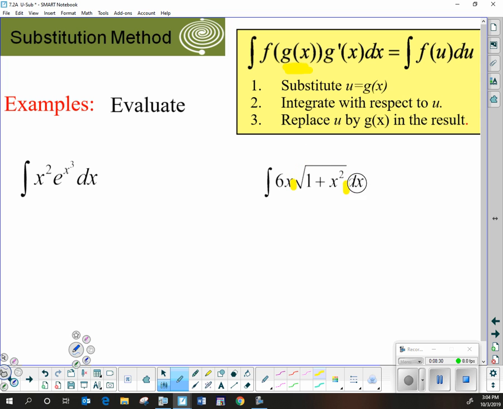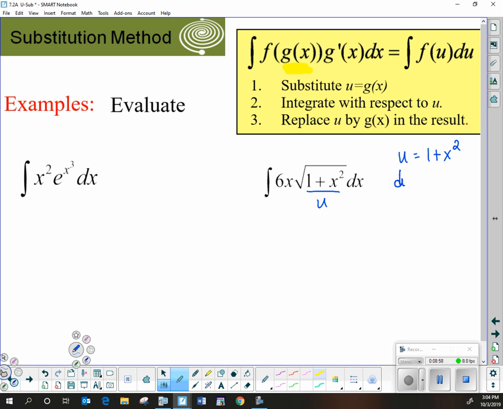So that typically is where you want to select your u. Notice that it does have a higher power than this right here. So I think this is a nice derivative relationship to get to x, isn't it? X squared will drop down to just x. May not be perfect, but I'm going to select my u to be 1 plus x squared.